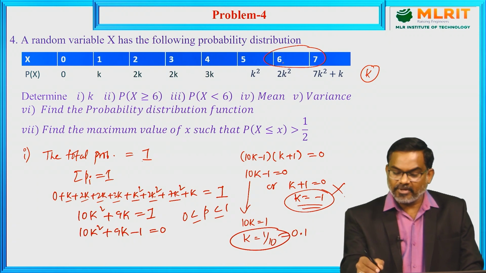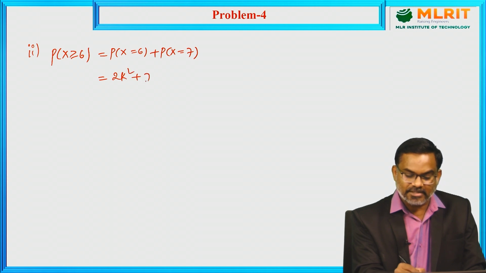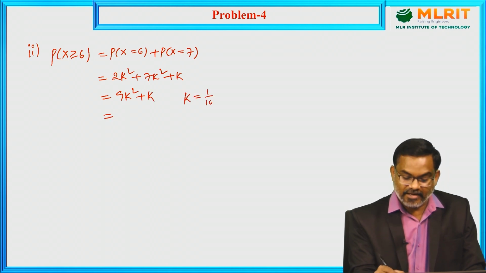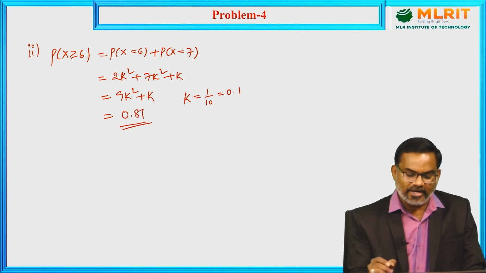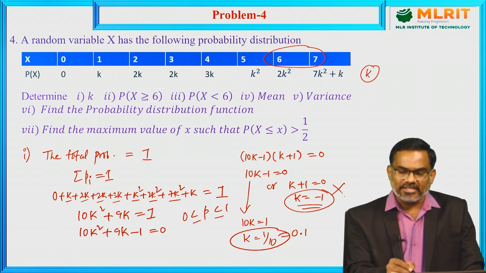What is the probability of x equal to 6? 2k square. And for 7 it is 7k square plus k. So 2k square plus 7k square plus k, total 9k square plus k, with k equal to 1 by 10, which is 0.1, the final answer is 0.81. So probability of x greater than or equal to 6 is 0.81.